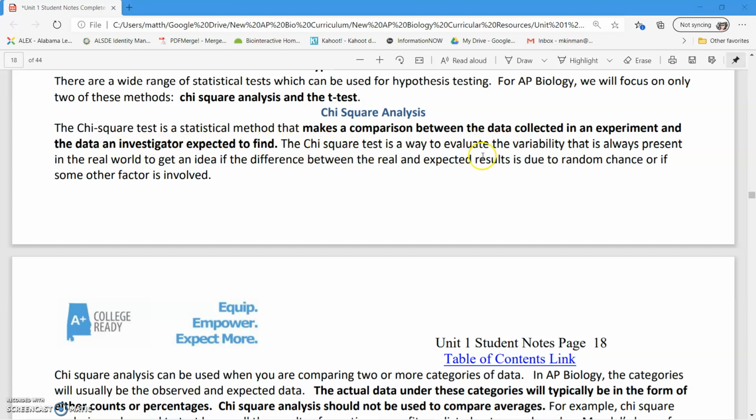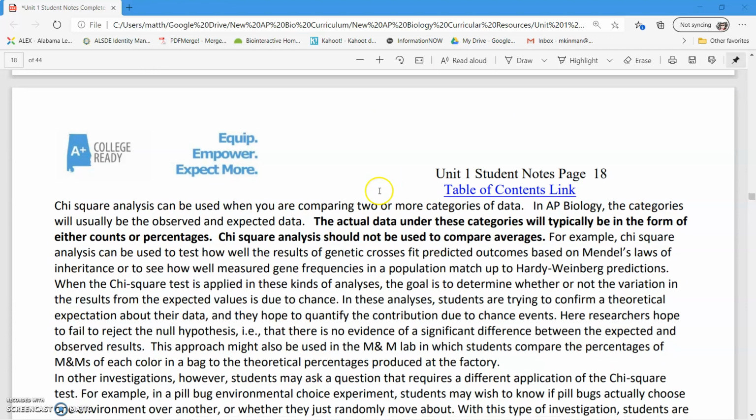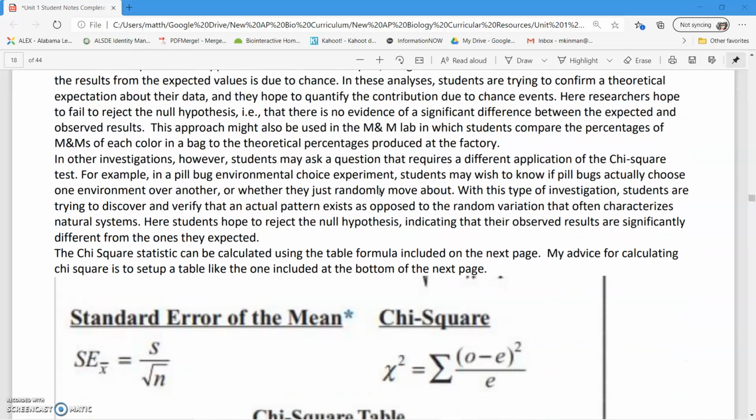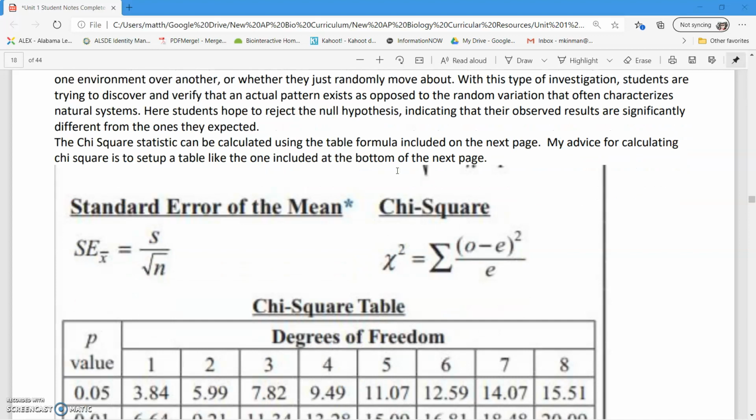Chi-square test is a way to evaluate the variability that is always present in the real world to get an idea of the difference between the real and expected results due to random chance or if some other factor is involved. All right, so I would recommend you read through this, but I'm not going to for the sake of making this video a little bit shorter.